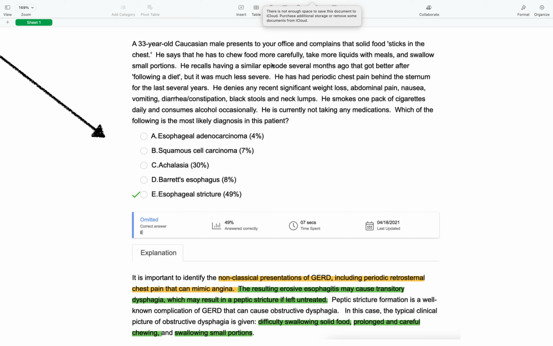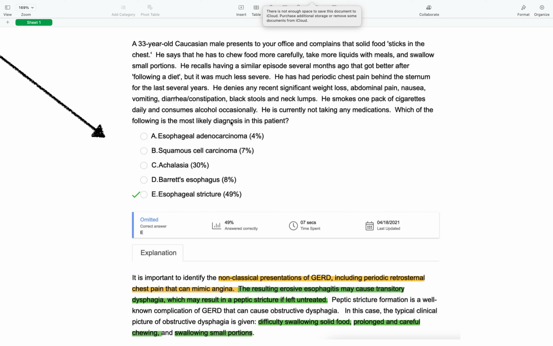He recalls having a similar episode several months ago, but which got better following a diet. Now, he has had periodic chest pain behind the sternum for the last several years, denies any recent weight loss, abdominal pain, nausea, vomiting, diarrhea, constipation, black stools, and lumps. He smokes 1 pack of cigarettes daily and consumes alcohol occasionally. He is currently not taking any medication.